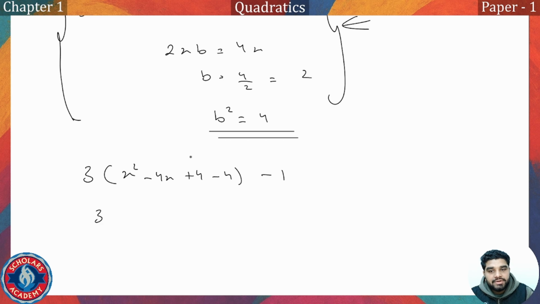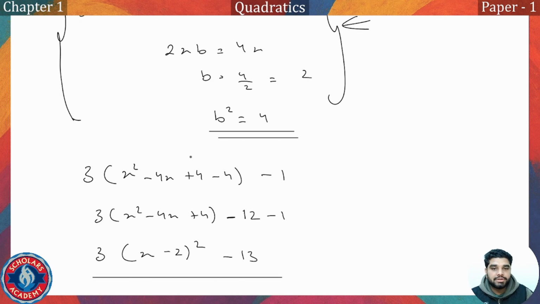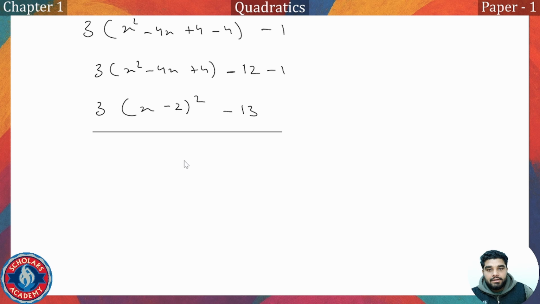We get 3(x square minus 4x plus 4) and negative 12 negative 1. So we'll complete the formula here. We get 3(x minus 2) whole square minus 13. All right.